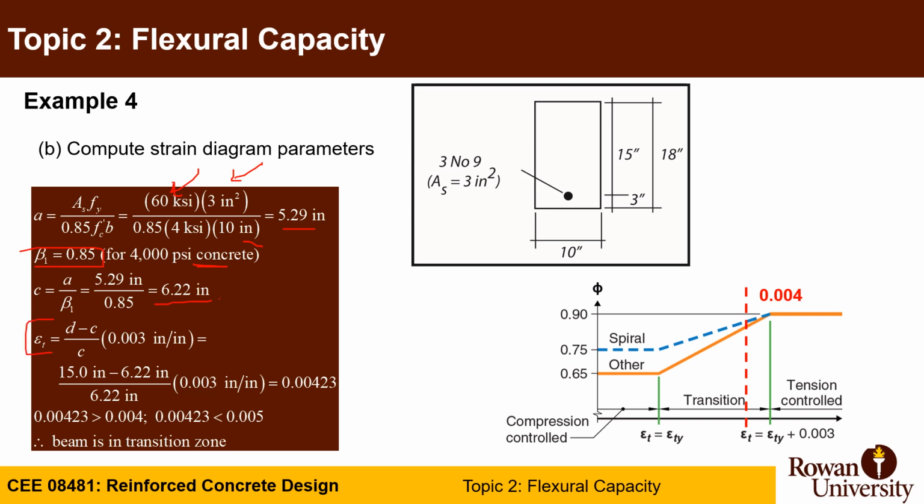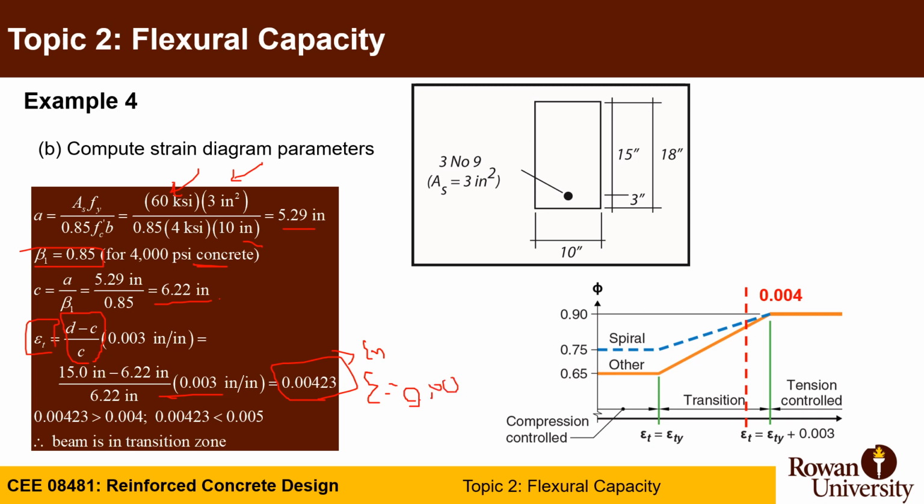Epsilon t in this case will be (d minus c) divided by c times 0.003, which leads you to (15 minus 6.22) divided by 6.22 times 0.003. It gives you 0.00423. In this case, it's more than yield, so you are actually good, and also more than epsilon of 0.004.